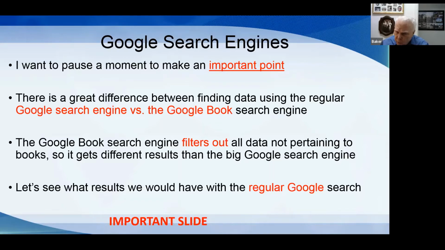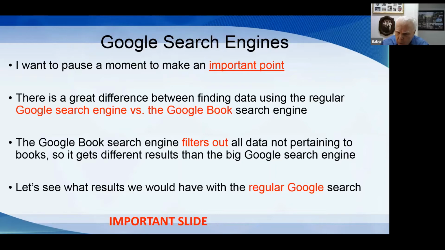The Google book engine is only going to contain a small portion of what big Google has. So now, third bullet, the Google book search engine filters out all the data not pertaining to books. So it gets different results than the big Google search engine.